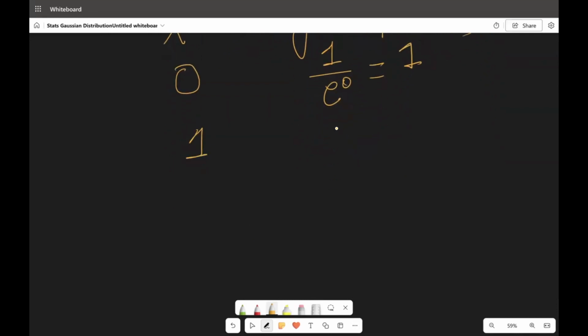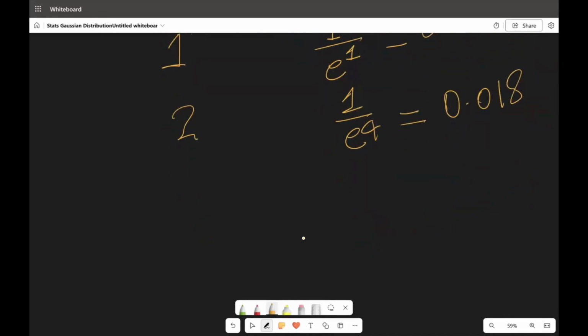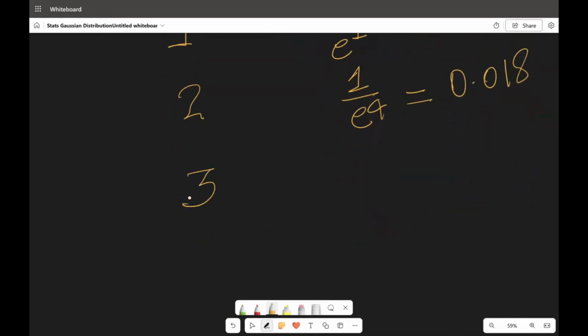Then y is 1 by e raised to the power 1, which comes out to be 0.3678. When x is equal to 2, this comes out to be 1 by e raised to the power 4, and this value will be 0.018. And when x is equal to 3, then 1 by e raised to the power 9, which is equal to 0.000123.